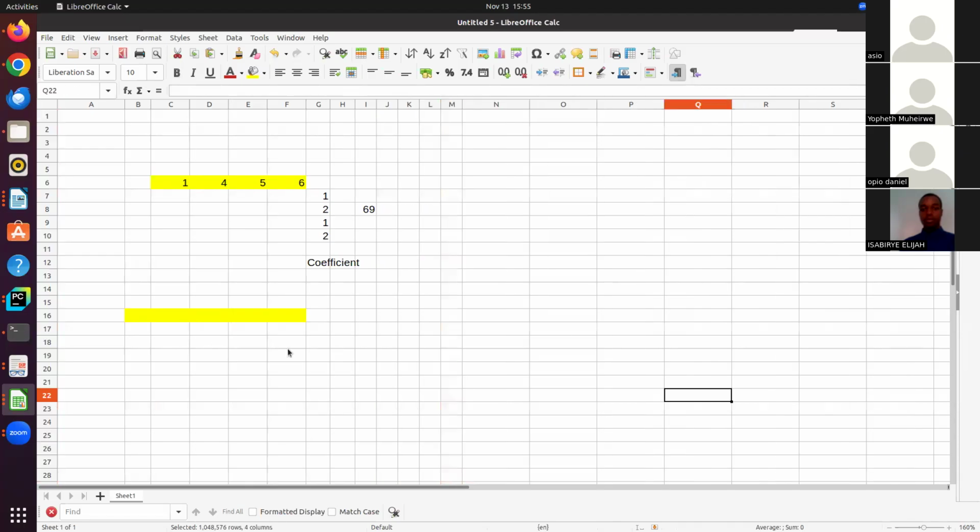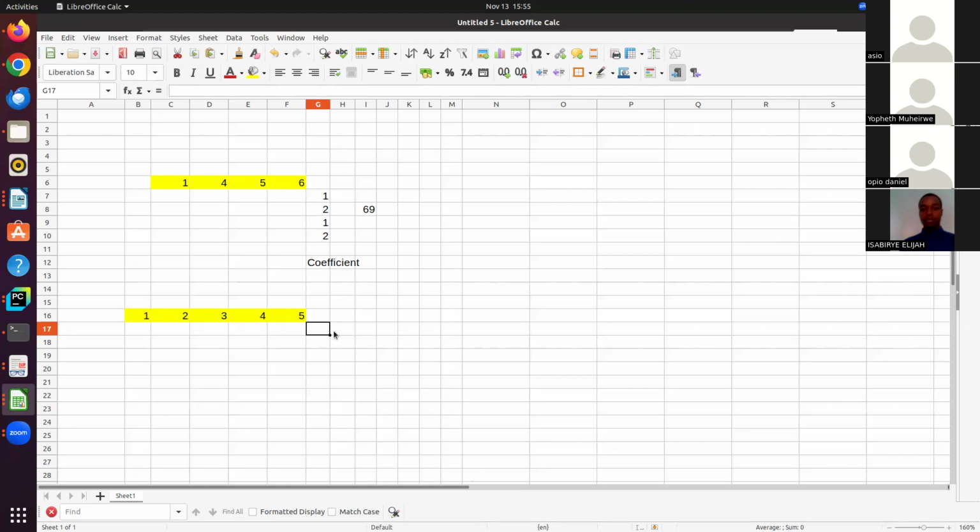Let's make those numbers 1, 2, 3, 4, 5. After I multiply it by the matrix, I will get a vector with only 3, okay?